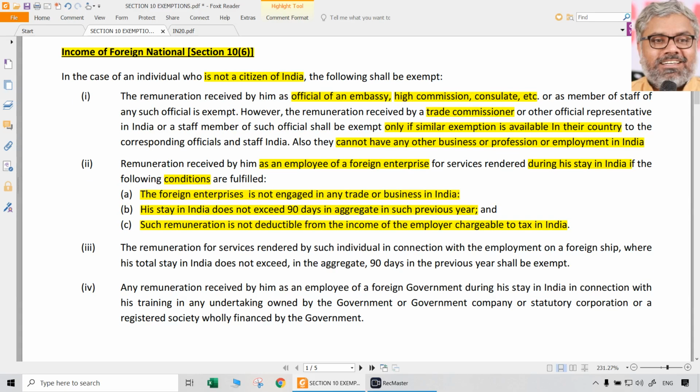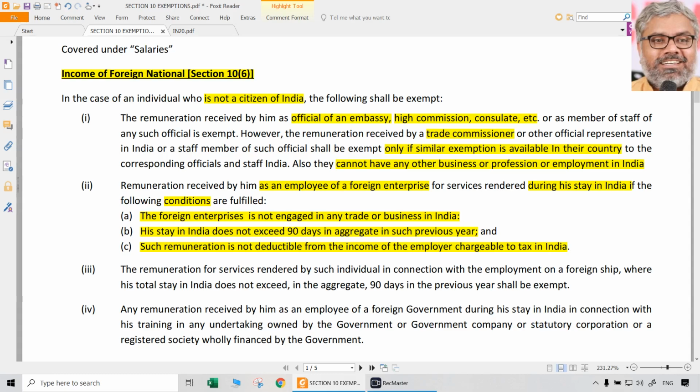Point number 2, the stay of this individual should not exceed 90 days in aggregate during the previous year. Point number 3, the remuneration which is paid to this foreign national cannot be deducted by the employer while computing the employer's income. That is the condition to be fulfilled in order to claim the 10(6) exemption for certain types of foreign nationals. This is the second category.